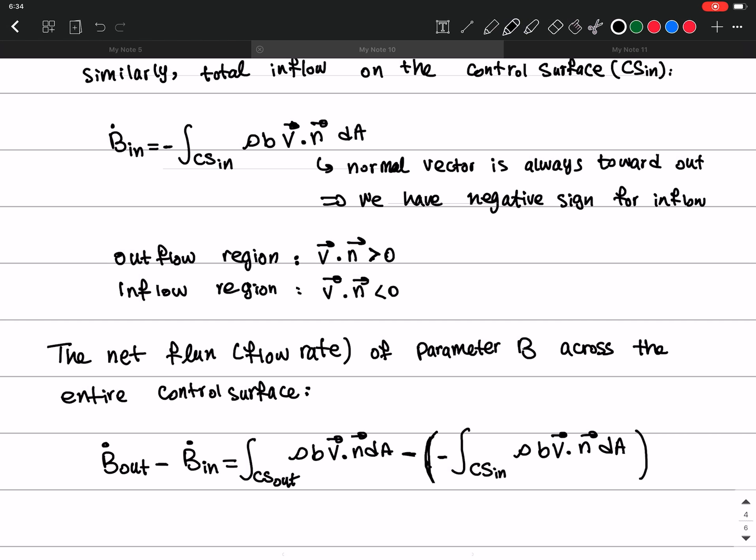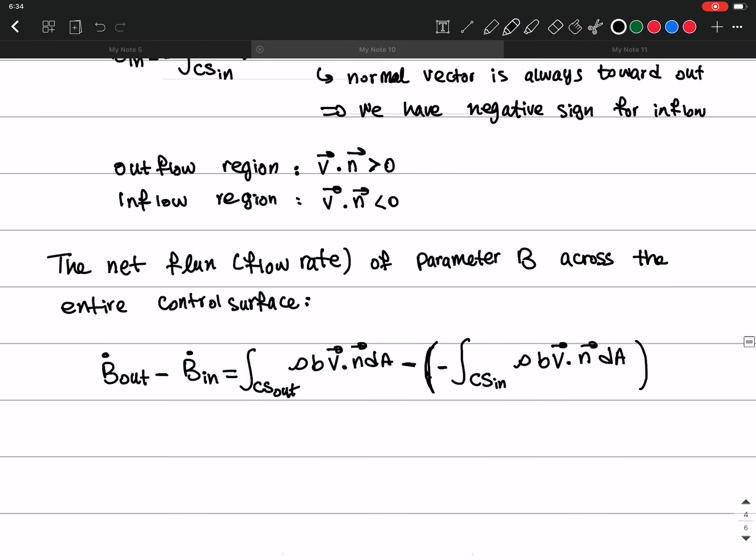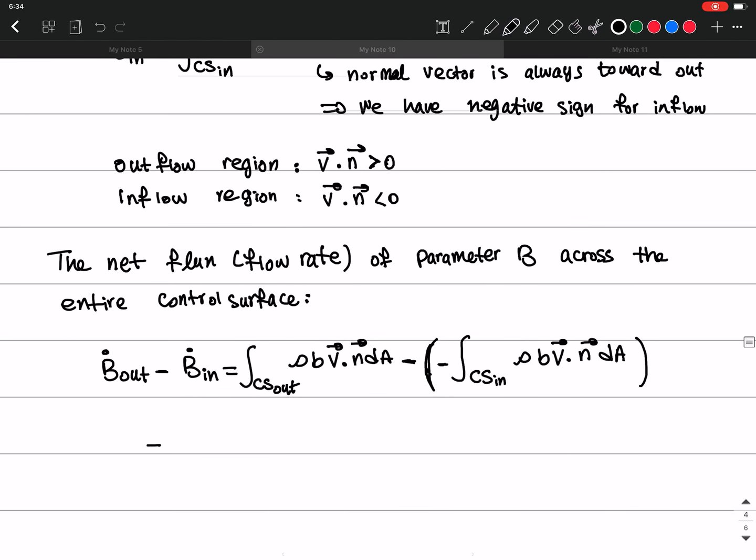And interestingly, what does this mean? This is going to equal the integral over CS out plus CS in of rho b V dot n dA, right? Because this is going to be plus.